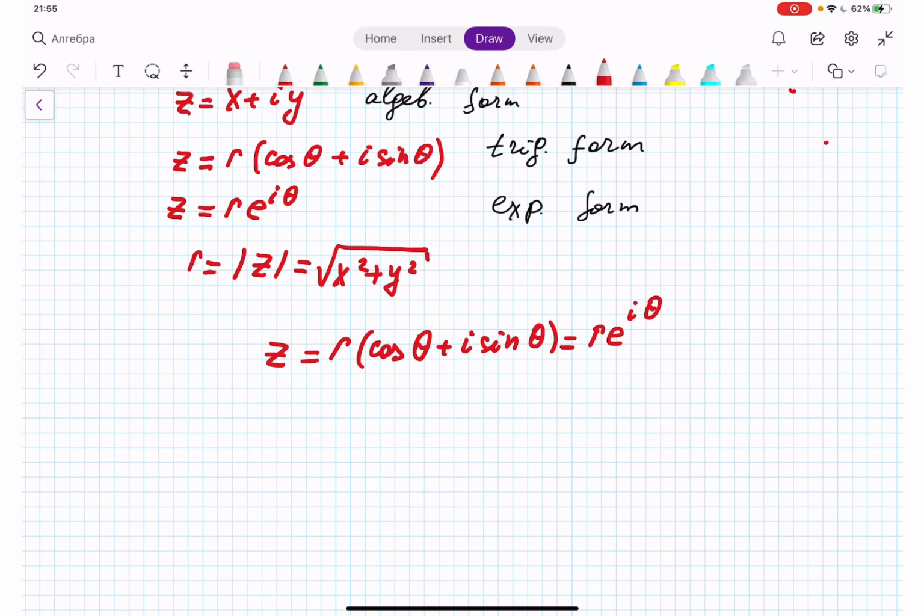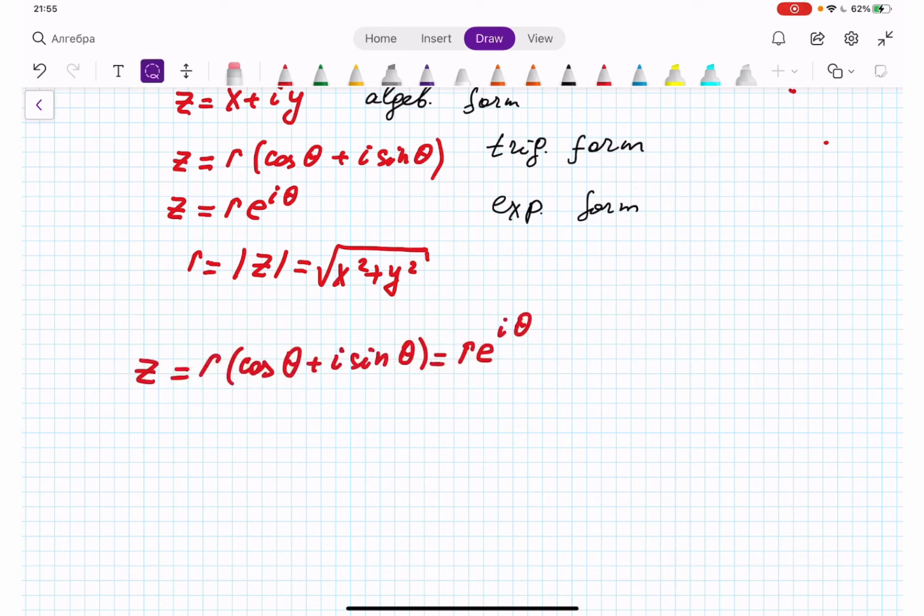Because based on Euler formula, e to power i theta is equal to cosine theta plus i sine theta, where e is the exponent, i is the imaginary unit.